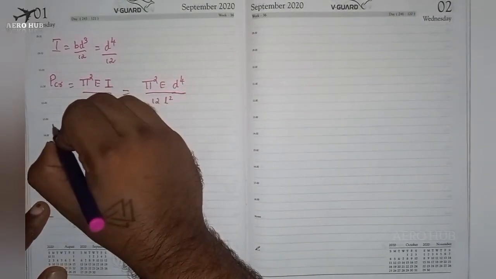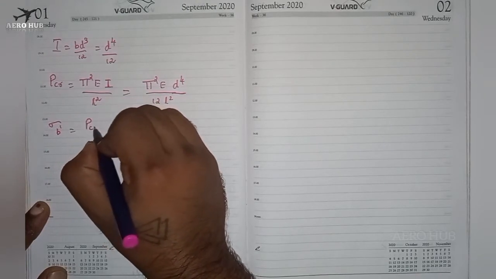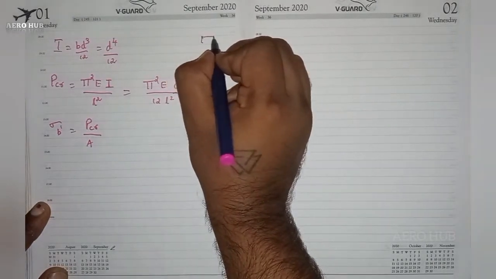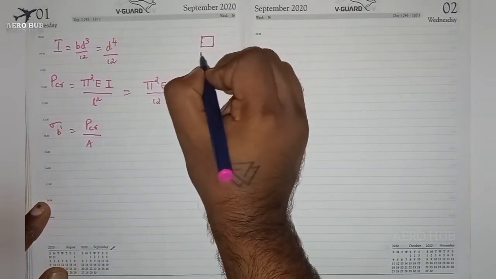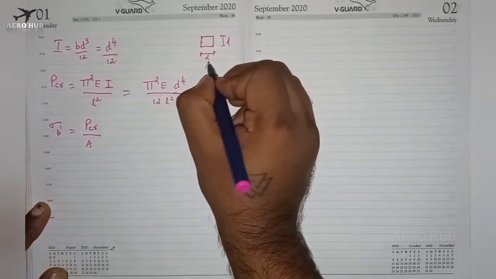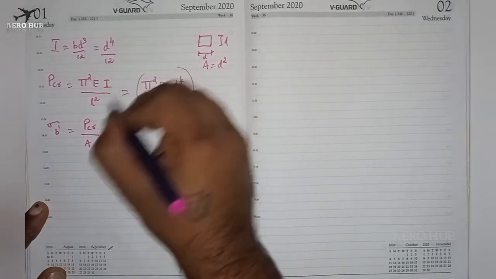Now the buckling stress sigma b dash is equal to the critical load divided by the area. What is area here? We have a square of width and height equal to D, so the area will be D square. So this will be P critical, this entire value is the P critical.